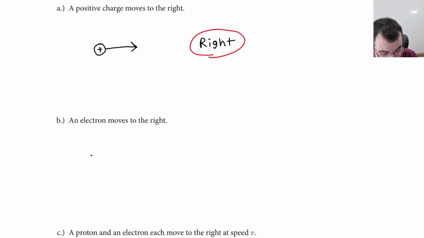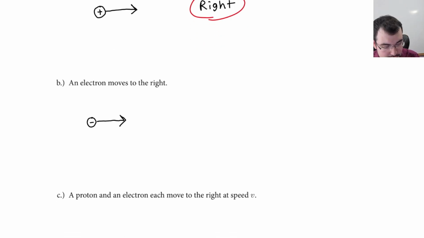What about an electron? So we have an electron moving to the right. Well, if negatives are moving to the right, what does that mean? Well, if negatives are moving to the right, it must mean that there are positives over here and negatives over here, or something like that.